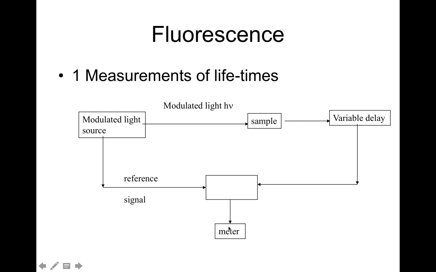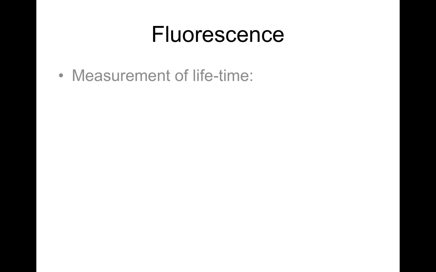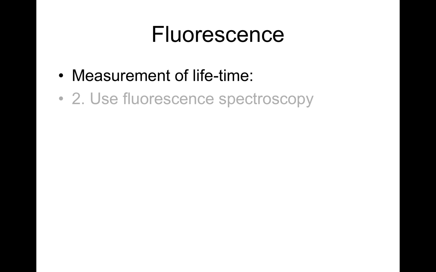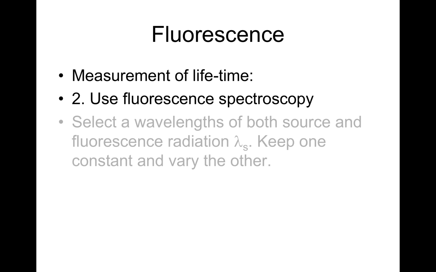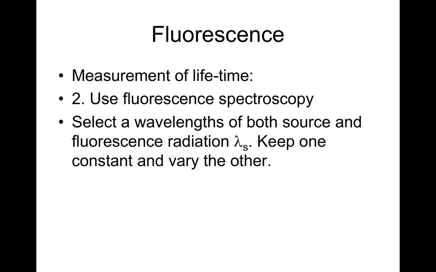And from the detector, it goes to the meter or the computer. Use fluorescence spectroscopy. Select a wavelength of both source and fluorescence radiation, lambda s. Keep one constant and vary the other.